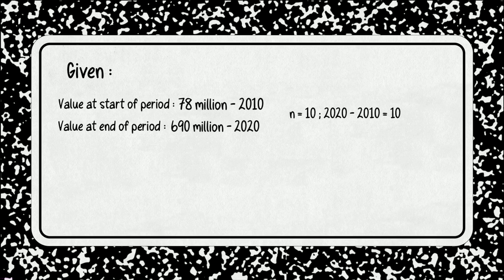Given, value at start of period is 78 million in 2010 and value at end of period is 690 million in 2020. The value of n is 10 because we get it from subtracting 2010 from 2020, so it equals 10. What we need to find is the GM annual percent increase.